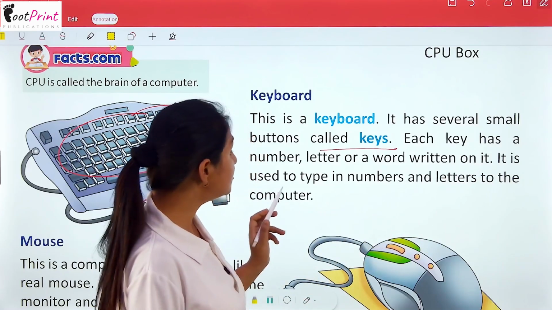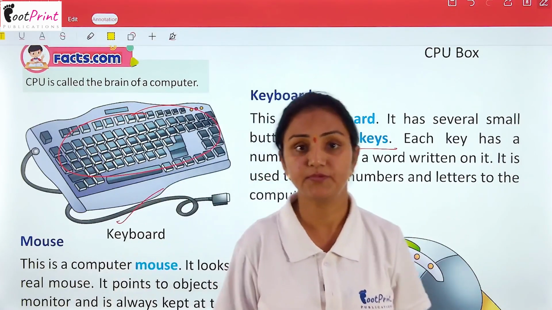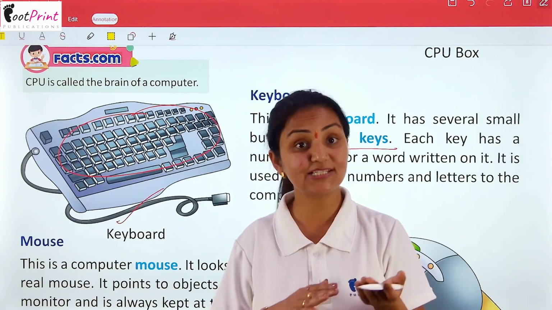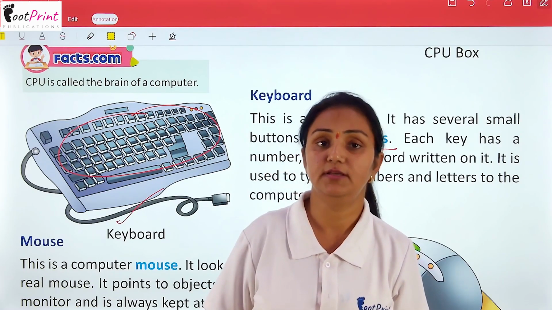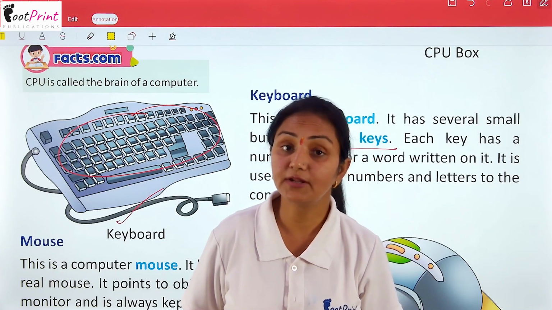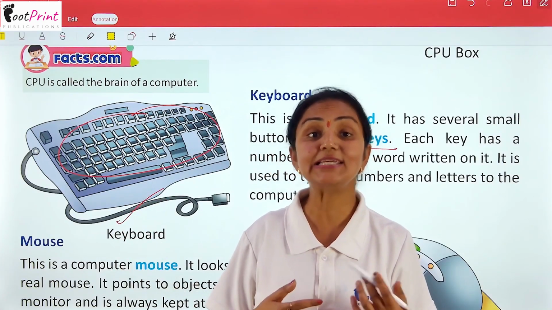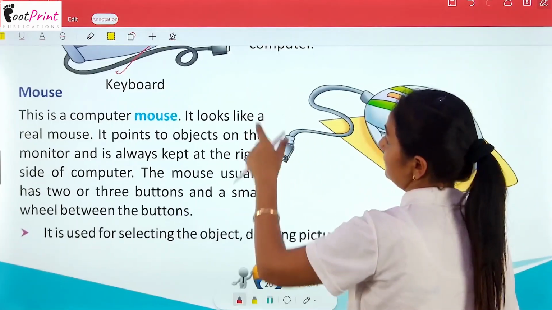It is used to type in numbers and letters to the computer. They have numbers, alphabets, and some special signs with the help of which we work in the computer. These are buttons but we call them keys, right? So these are the keys and this is the keyboard.